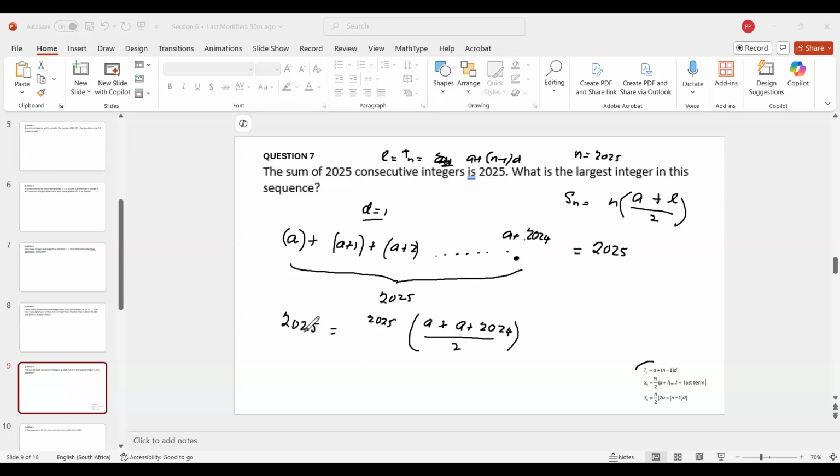Right. Now you can see the 2025 cancels. So you've got 1 equals, and here you've got A plus A, which is 2A, plus 2024, divided by 2. Okay, you can divide every one of them by 2. So you get A plus 1012.